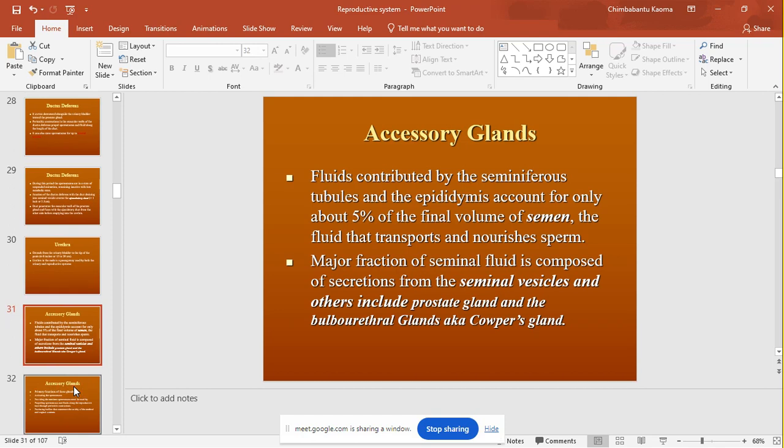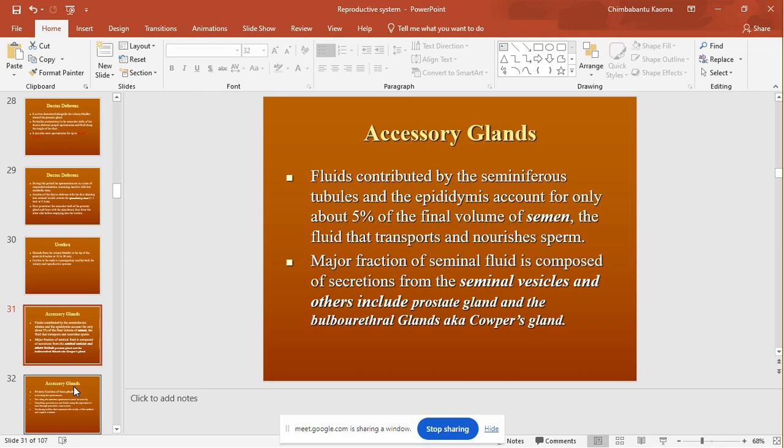Now, you may wish to know that the secretion from the testis forms a very small portion of the ejaculate.